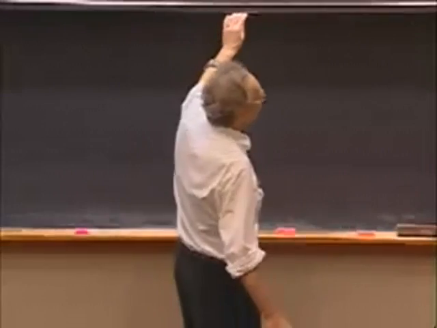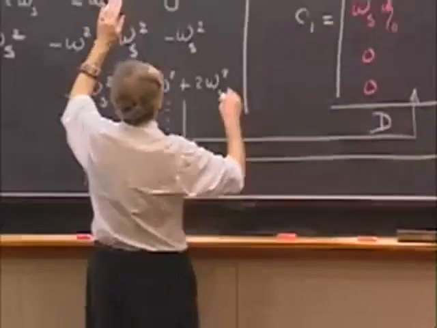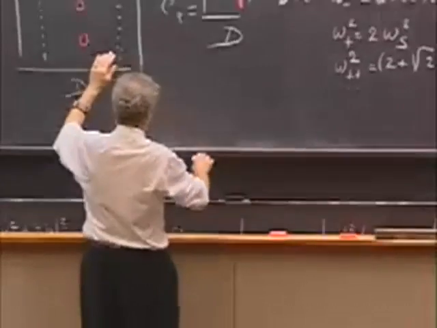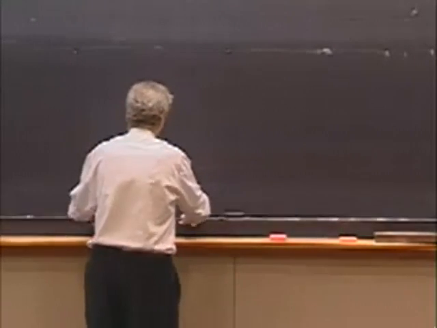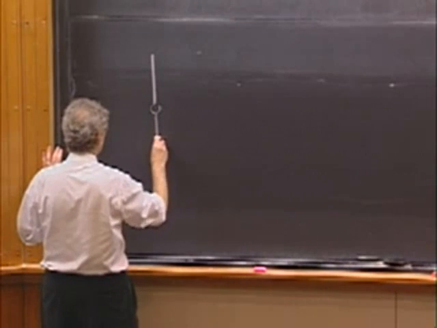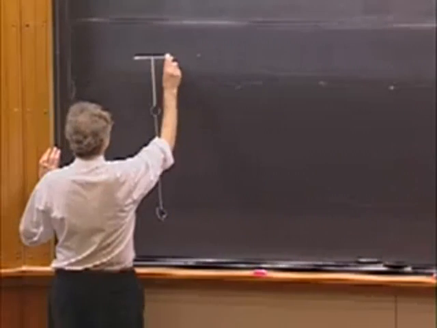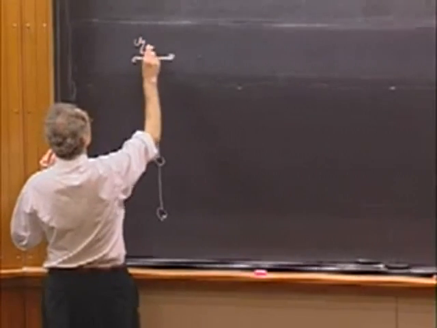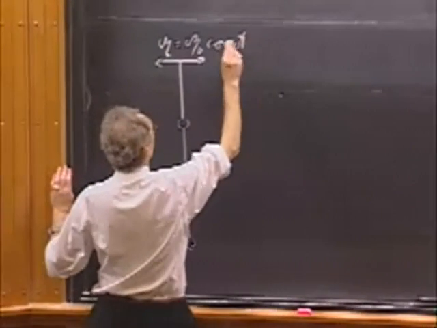So, that triple pendulum, let me put these down so that we have not so much shadow on this board. Triple pendulum. This is a triple pendulum. And we're going to drive it here. Eta equals eta 0 times the cosine of omega t.